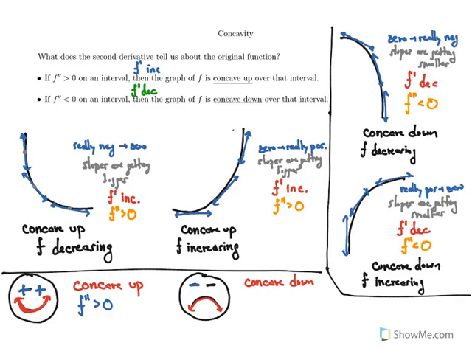And the negatives for eyes are telling us that the second derivative is negative. This is a silly way to remember what concave up and concave down functions look like. And it really is just if any piece of the function looks like a smile or a frown, that tells us the concavity. All right.